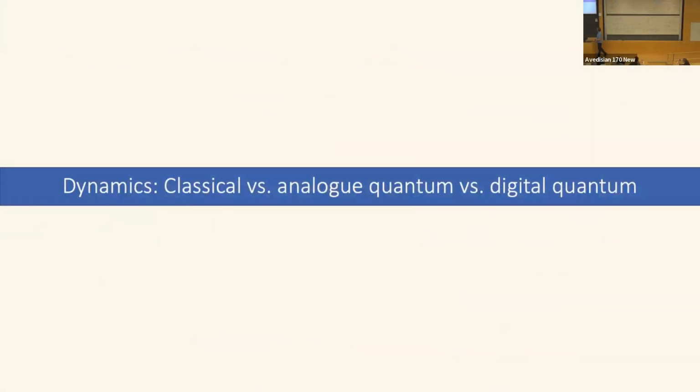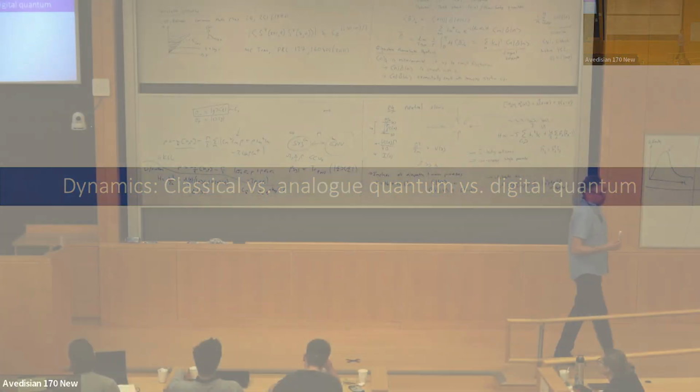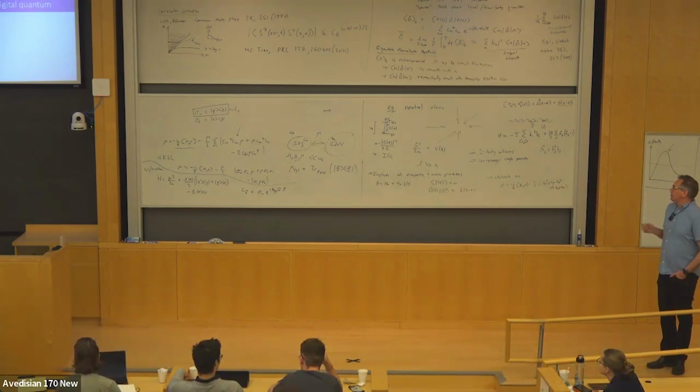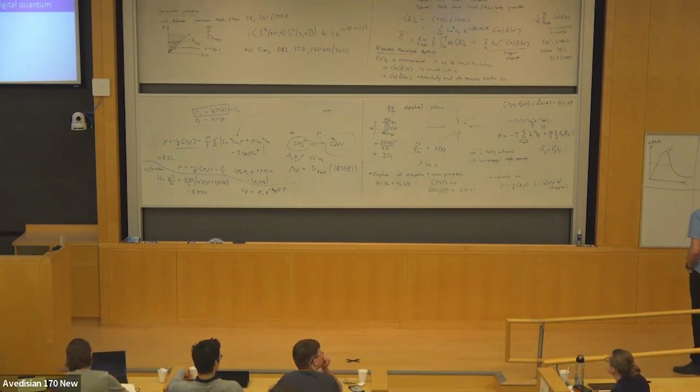And so imagine now you want to make this comparison. And you want to say, well, where am I going to do a quantum simulation and choose to do an analog quantum simulation rather than a classical calculation?